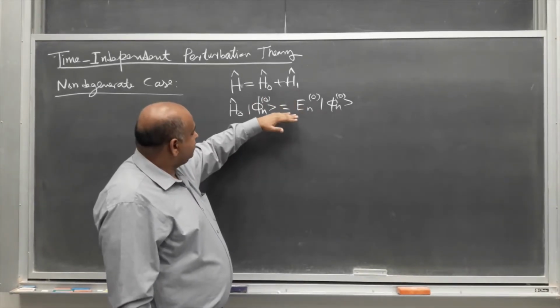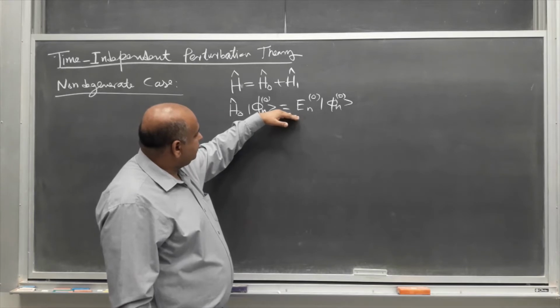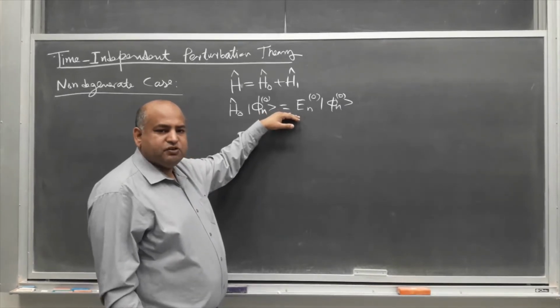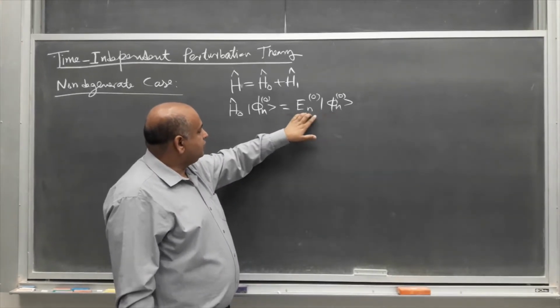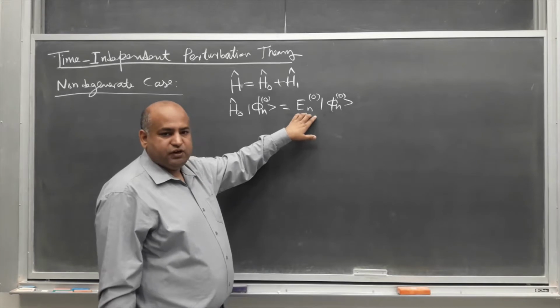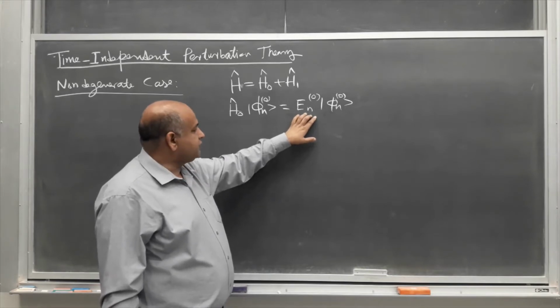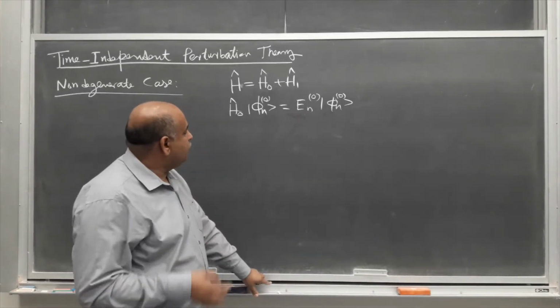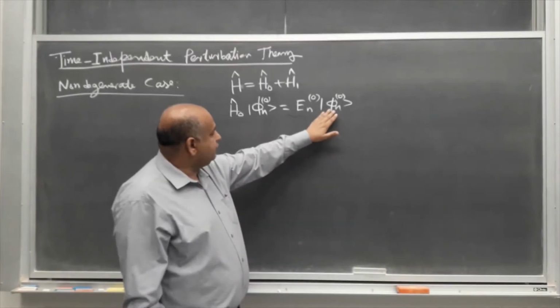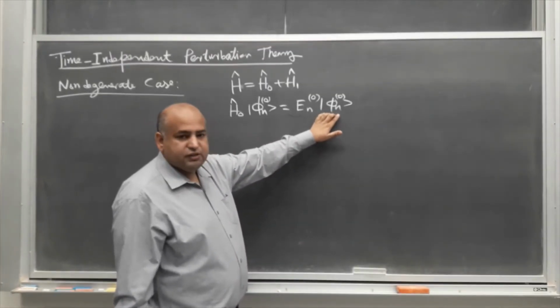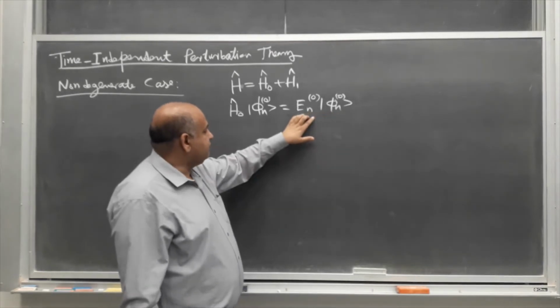Obviously this spectrum can have two types. One type, for example in the one-dimensional harmonic oscillator, is that for each eigenfunction there is a different value of energy. This is called a non-degenerate case. However, sometimes we have different eigenfunctions, but some of them can have the same energy.